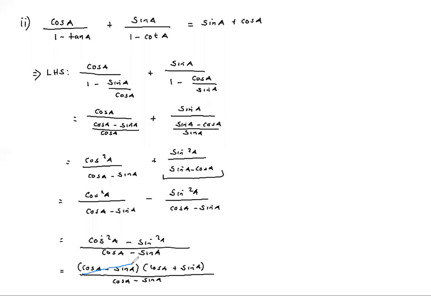This section and this one is cancelling. And so we're remaining with cos A plus sine A. And this is what we have as the right hand side. That's a plus there, so starting with sine or starting with cos, it's the same thing because we are adding. Hence proved.